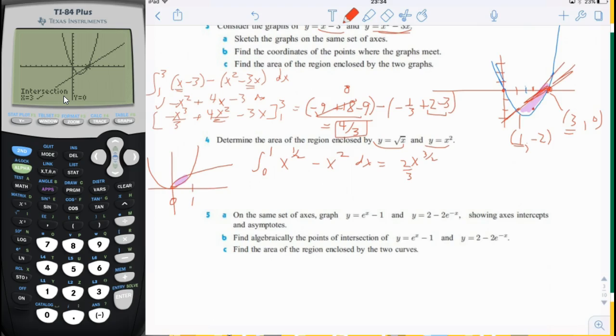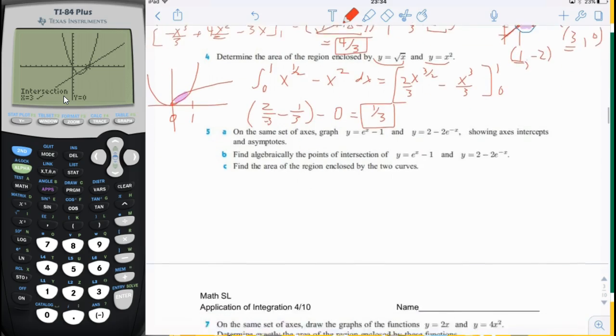And then the integral of x squared is x cubed over 3. And we just need to evaluate this from 0 to 1. So first we plug in 1 there, and we get 2/3 minus 1/3. And then we plug in 0, and then we get just 0. And then basically the answer then is 1/3.